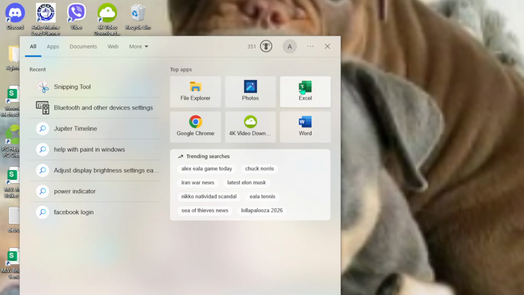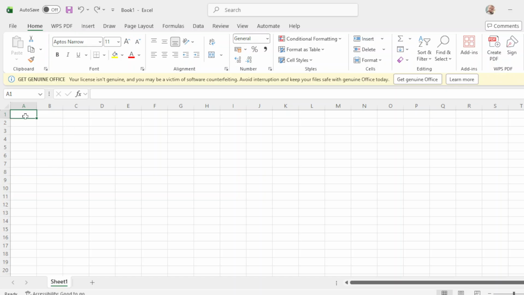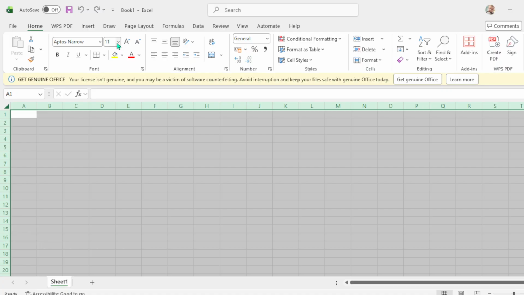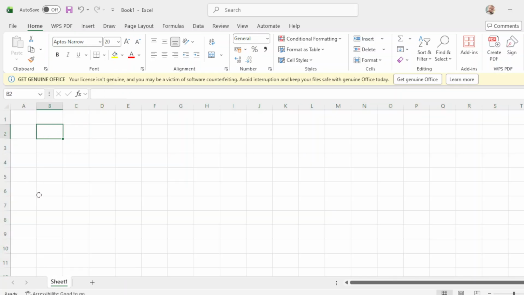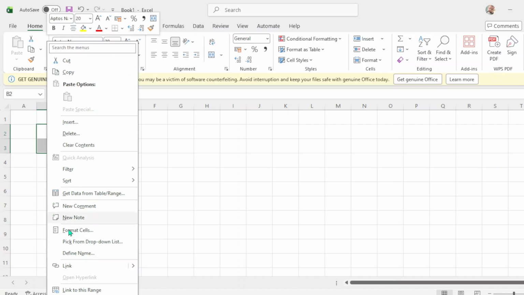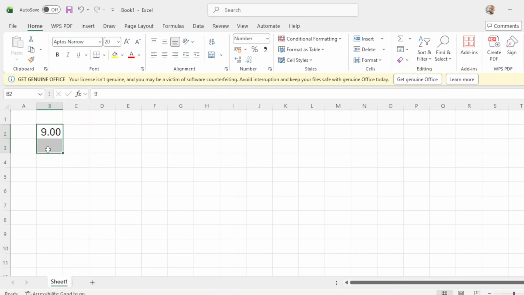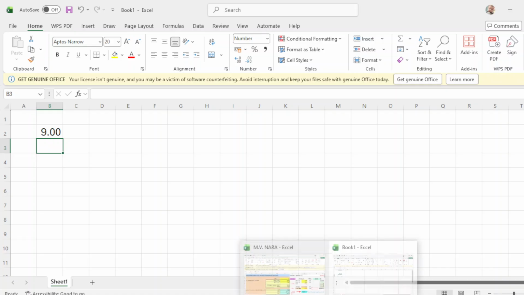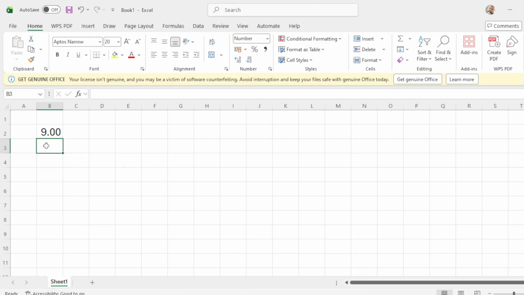So you will see, in Excel, put this 9 meters and the other one is 8.65.